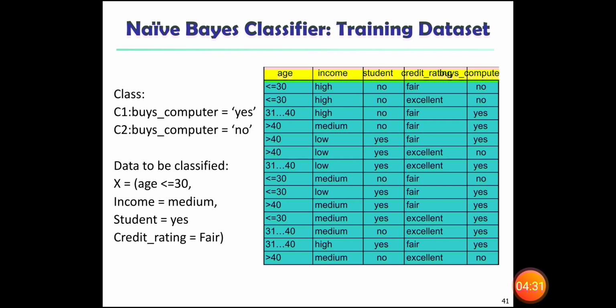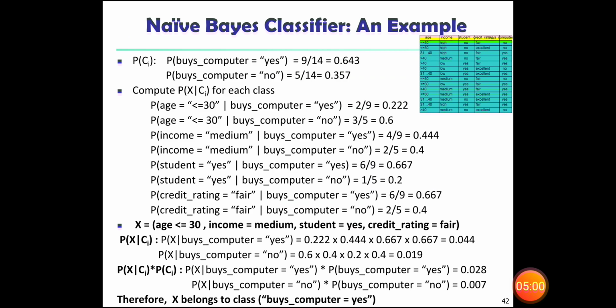When we categorize these values, each time we need to take one attribute: age is one, income is another, then student, then credit rating. According to these we can categorize the values.